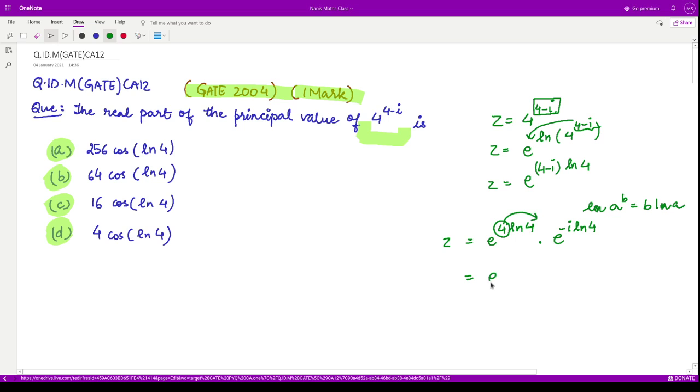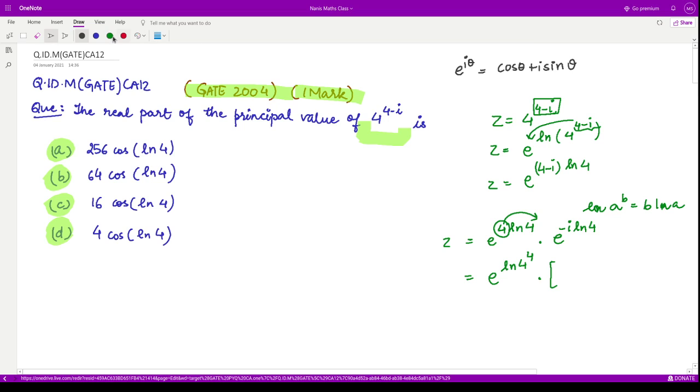So we would have e to the power ln of 4 raised to power 4, and here you can separate the real and imaginary parts, because we have e to the power iota theta, which is equal to cos theta plus iota sin theta.